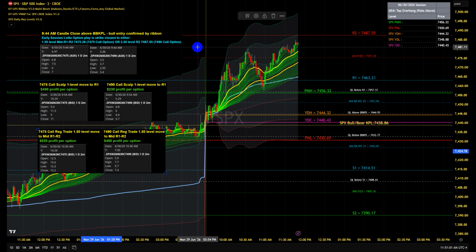If price is not moving, you don't want to be holding on to these options after 12 noon starts. If price is not hitting your stop loss, but it's also not going anywhere and is just moving sideways, then you don't want to hang on to these going into the afternoon session.